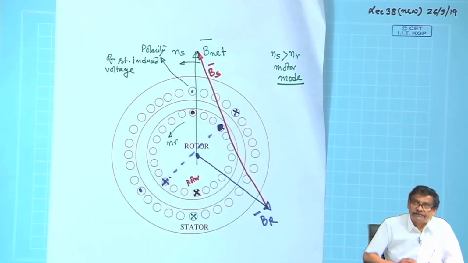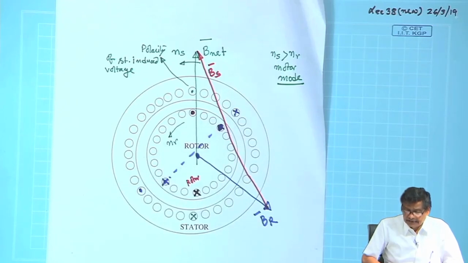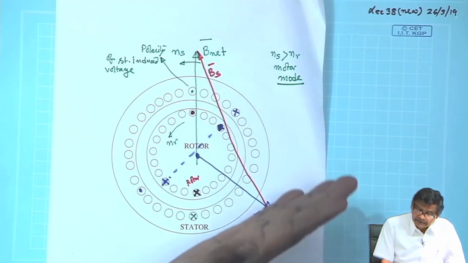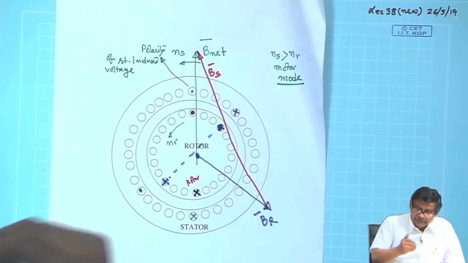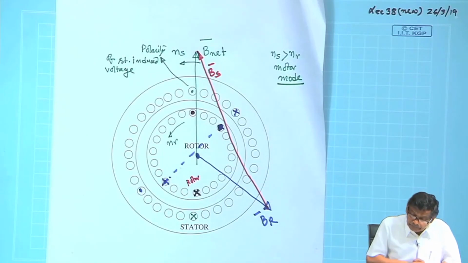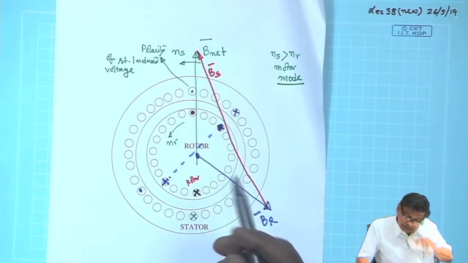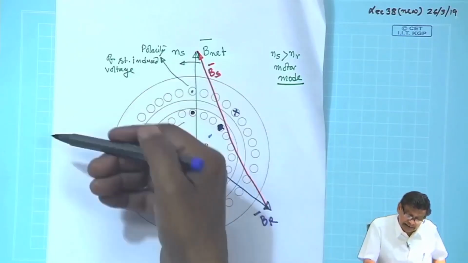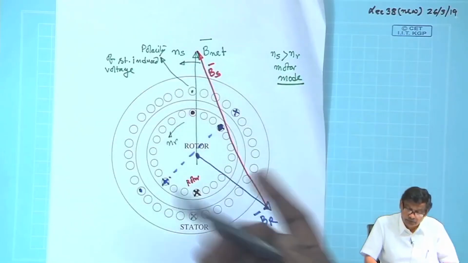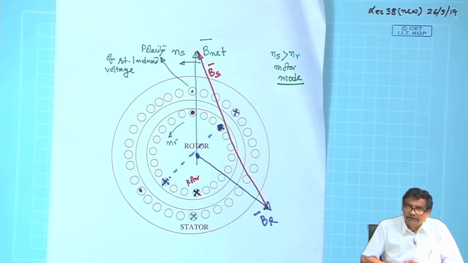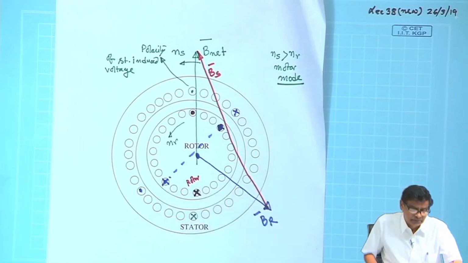This also indicates that. So, repeating this once again very clearly, I have started with B net, and then I have seen that the rotor is moving with a speed n r, stator field n s greater than n r, motor mode, and it will be like this. For example, let us see generator mode, so that we understand.